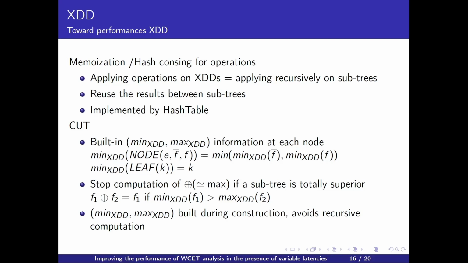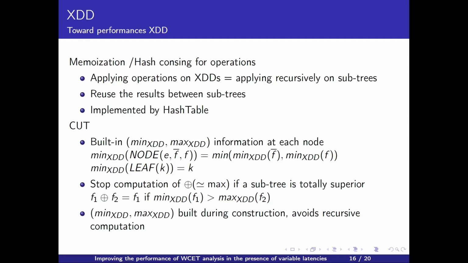Another particular optimization is applied to the max operation between XDDs. If all leaves of one XDD or XDD subtree are greater than another one, we can stop the computation and take the greater one. To avoid a recursive check at each step, we plant a pair of minimum leaf and maximum leaf at each node.